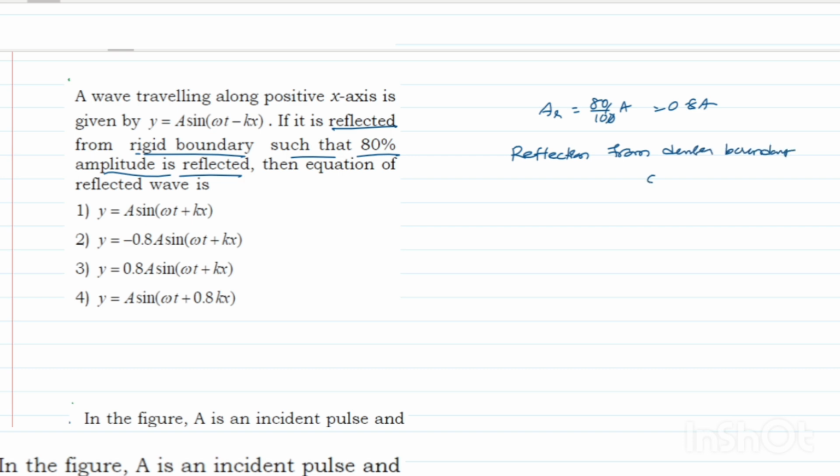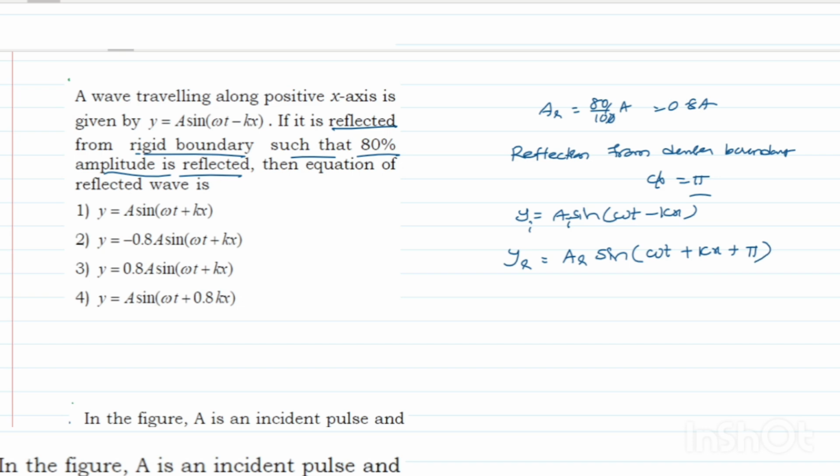So now the phase difference value will be getting as π. The given equation is the incident wave equation, y equal to a sine (omega t minus kx), and here is the reflected wave equation, with the amplitude of the reflection into sine (omega t plus kx plus phase difference π).